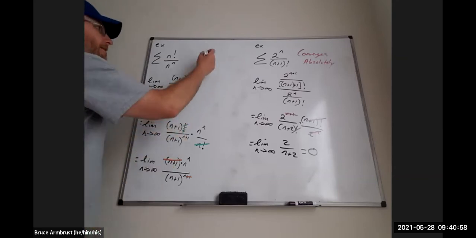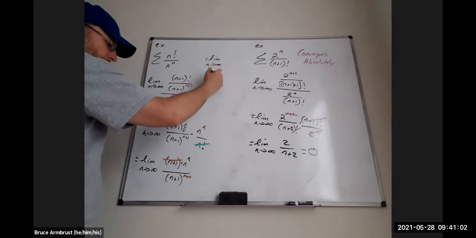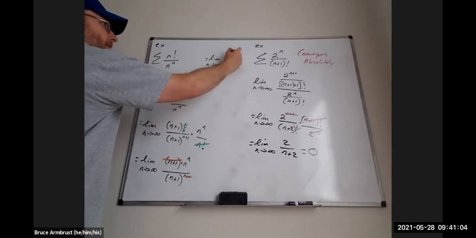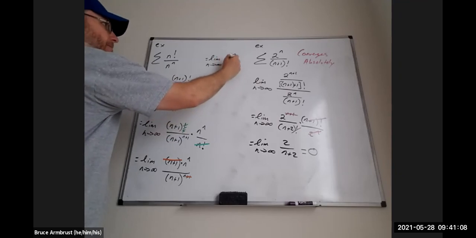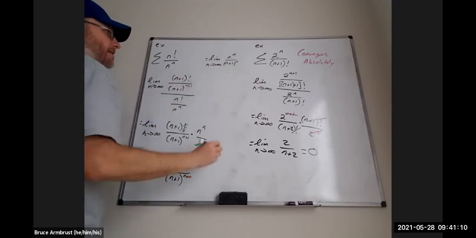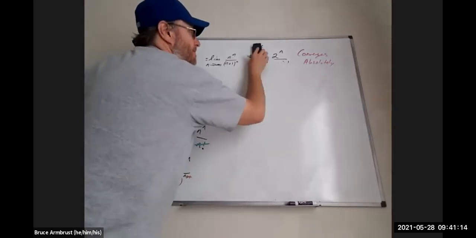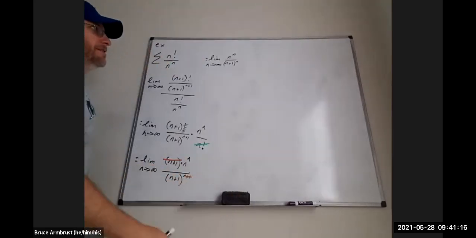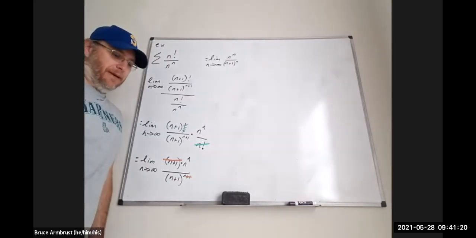So now we're at the limit as n goes to infinity of n to the n divided by (n plus 1) to the n. So we're getting there. We're getting much better.